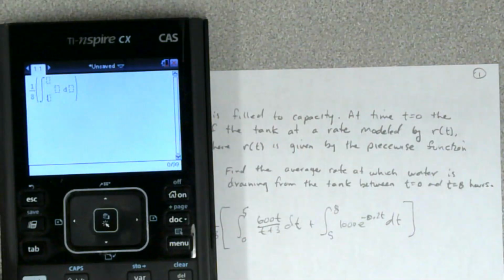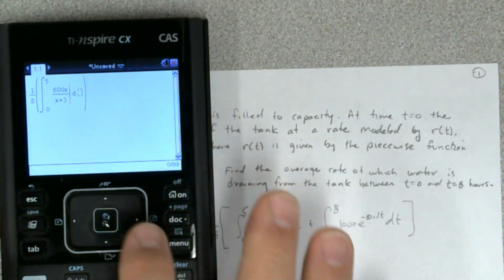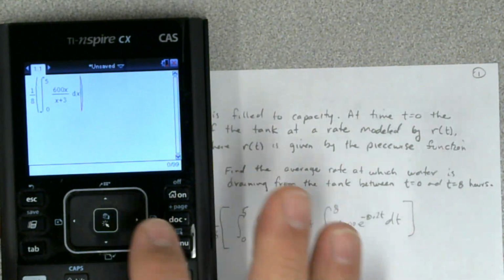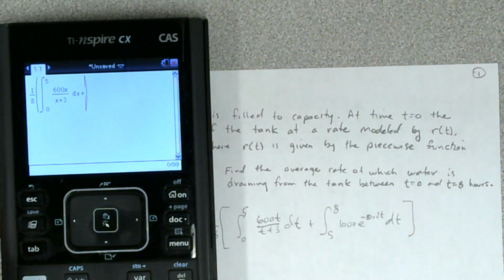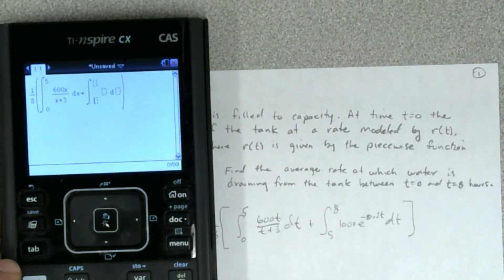So this is going to go from 0 to 5. You just tab through everything and type that in, 600, don't use a t, use an x, and down here I have x plus 3 dx, and then I'm going to add to that another integral, and that one's going from 5 to 8, and that is 1000 e to the negative 0.2 x dx.